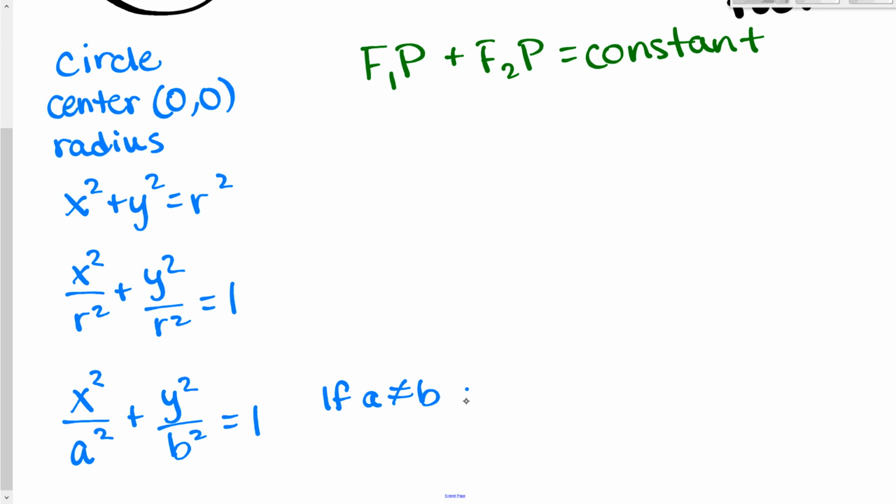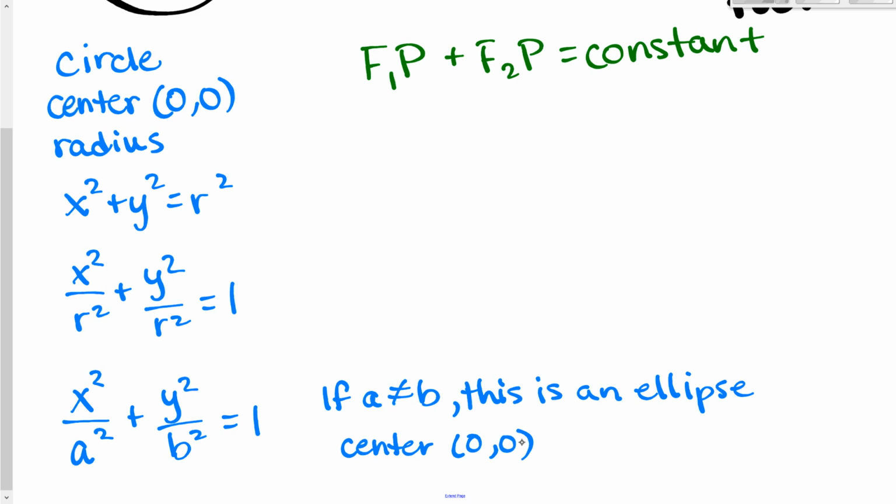It's an ellipse. And depending on which one is bigger, a or b, you either have a horizontal stretch or you have a vertical stretch. So this ellipse would have its center at 0, 0, but a and b would tell you how far to go to the left and the right.